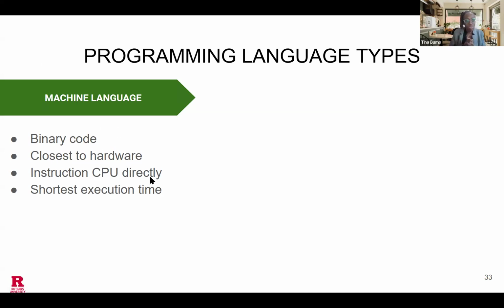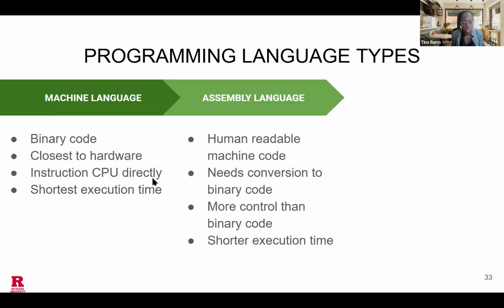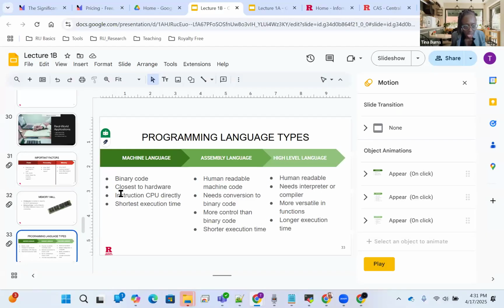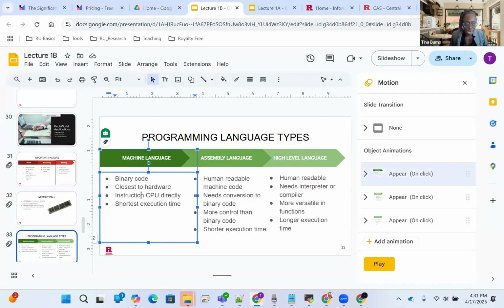So machine language is basically a bunch of ones and zeros. It's closest to the hardware, and it gives direct instructions for the CPU. It's also going to have the shortest execution time in comparison to the other types.